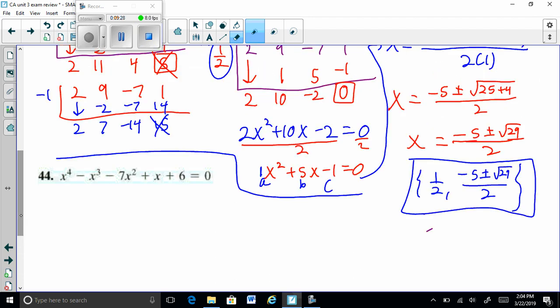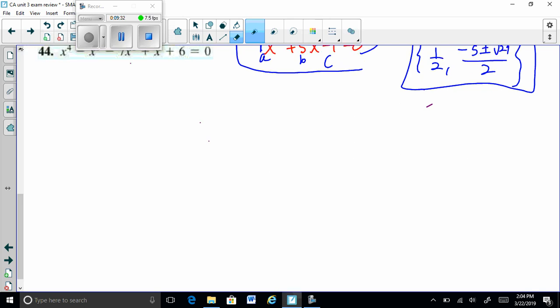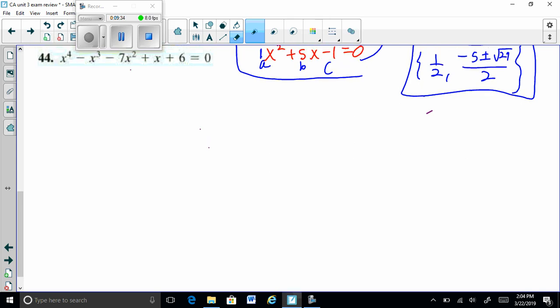Okay, so you'll notice that this one is raised to the power of 4. So that means we're probably going to have to do the synthetic division more than once, okay? We had one like this in the notes, so we've seen something like this before. So we'll start by listing our possible zeros.